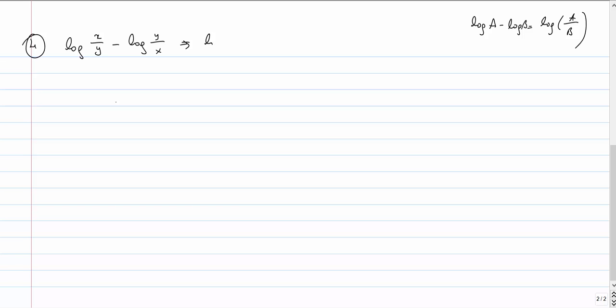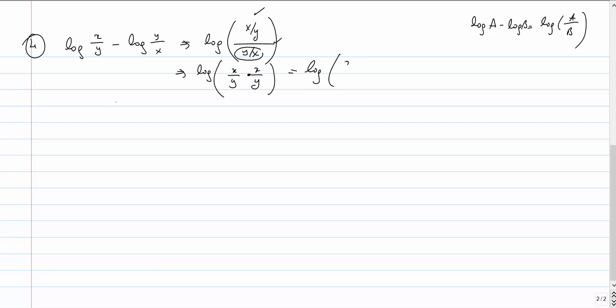So then this is going to be log of x over y divided by y over x. To be able to simplify, this is a division, so convert into multiplication and take the reciprocal of the denominator, x over y. So my answer is log x squared over y.